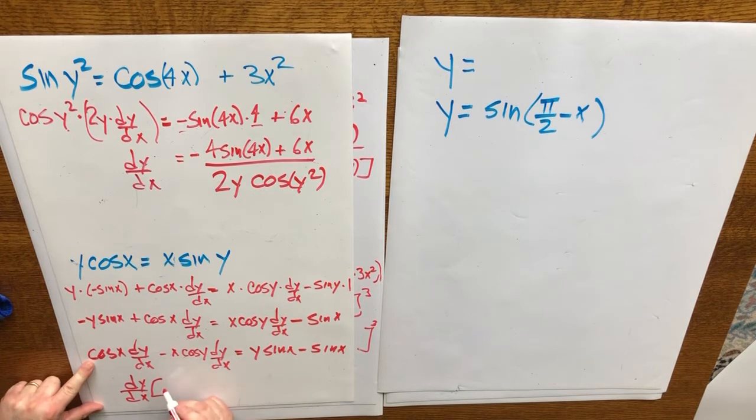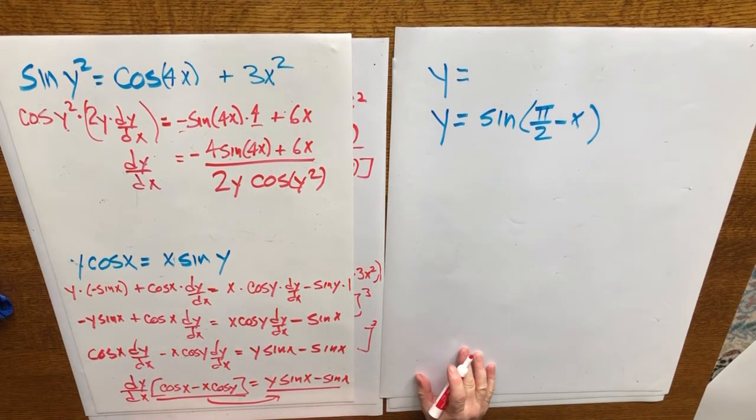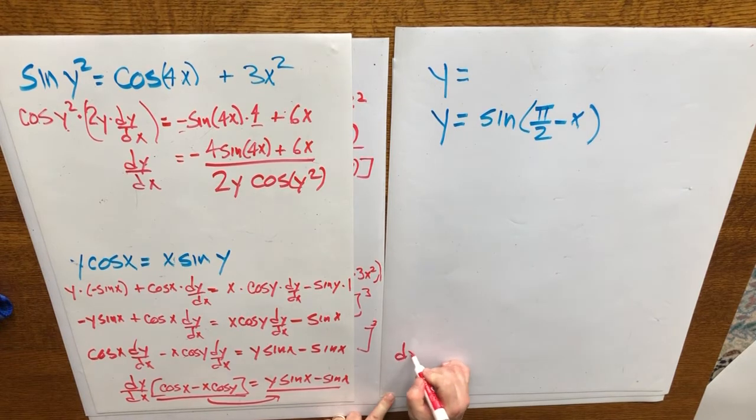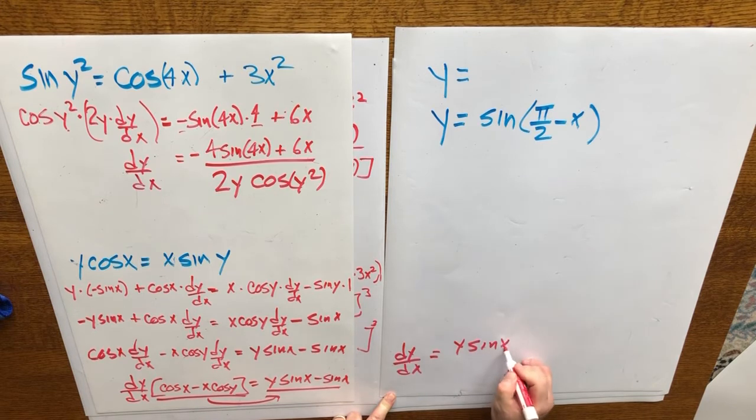And when you do, you get cos x minus x cos y equals y sine x minus sine x. And then you just need to take this part and divide it over here. So that your final answer, maybe I can write it right here, would look like this. dy over dx equals y sine x minus sine x over cos x minus x cos y.